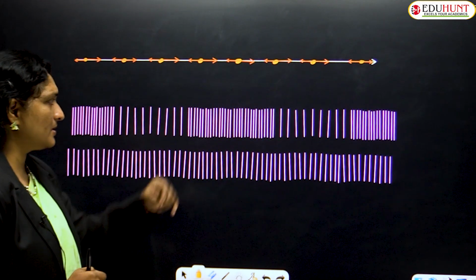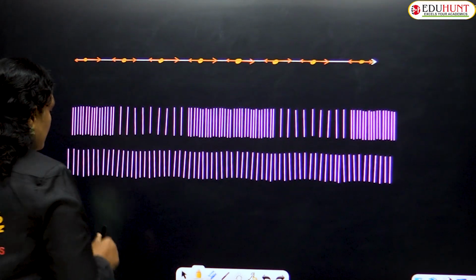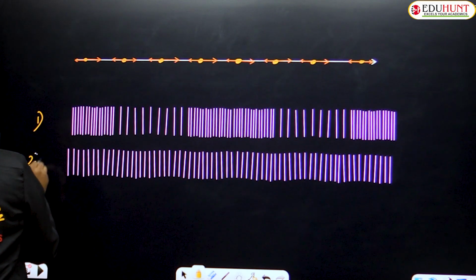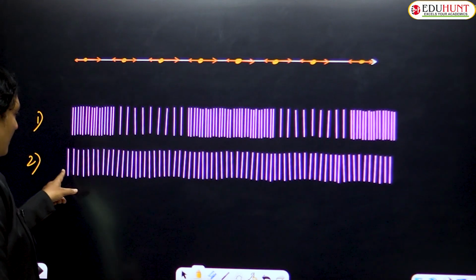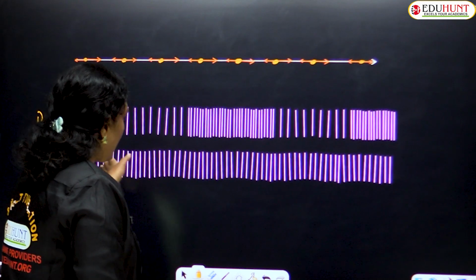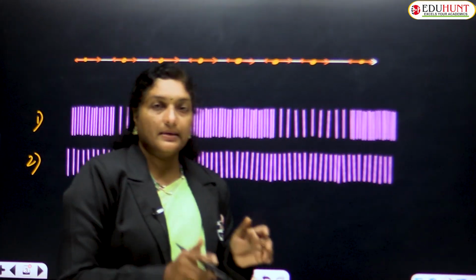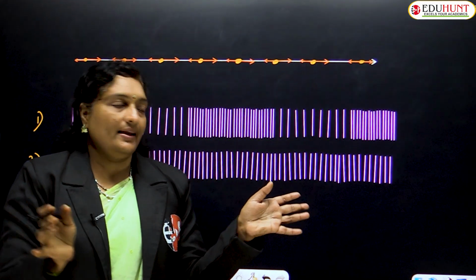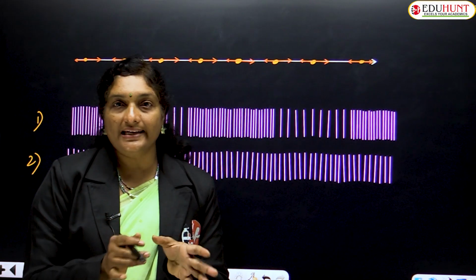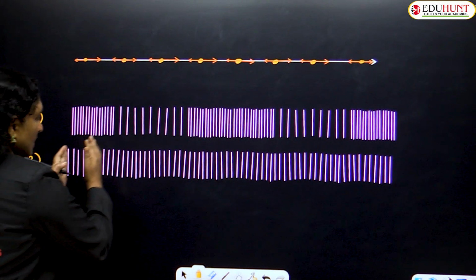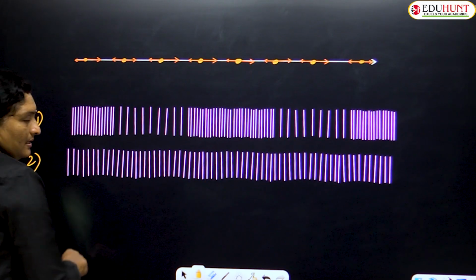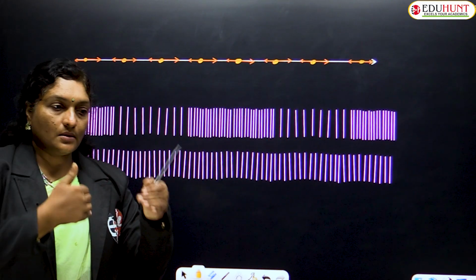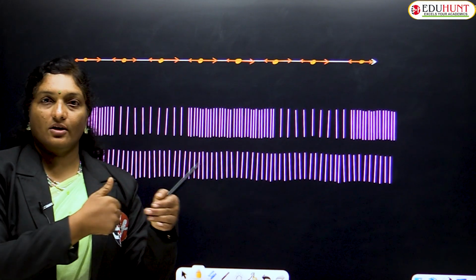Here, this is the first case and here is the second case. Two graphs I have given you as a representation of the wave. Let us suppose that the particles of the medium are distributed evenly as shown in the second picture. There is equal spacing between the first particle, second particle and third particle. Equal spacing indicates the density of the particles.